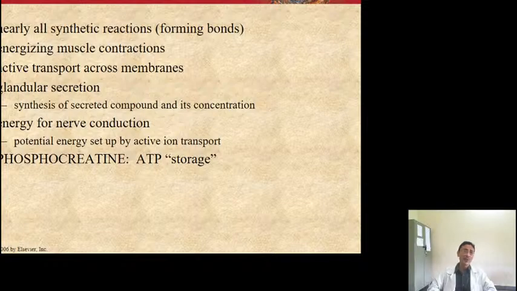These are forming bonds, and for the formation of these bonds there is a requirement of the high energy phosphate bond. For all synthetic reactions there is a need for energy, and this energy is supplied by the ATP generated in the cells. This is at the basic cellular level, in each cell present in the body.